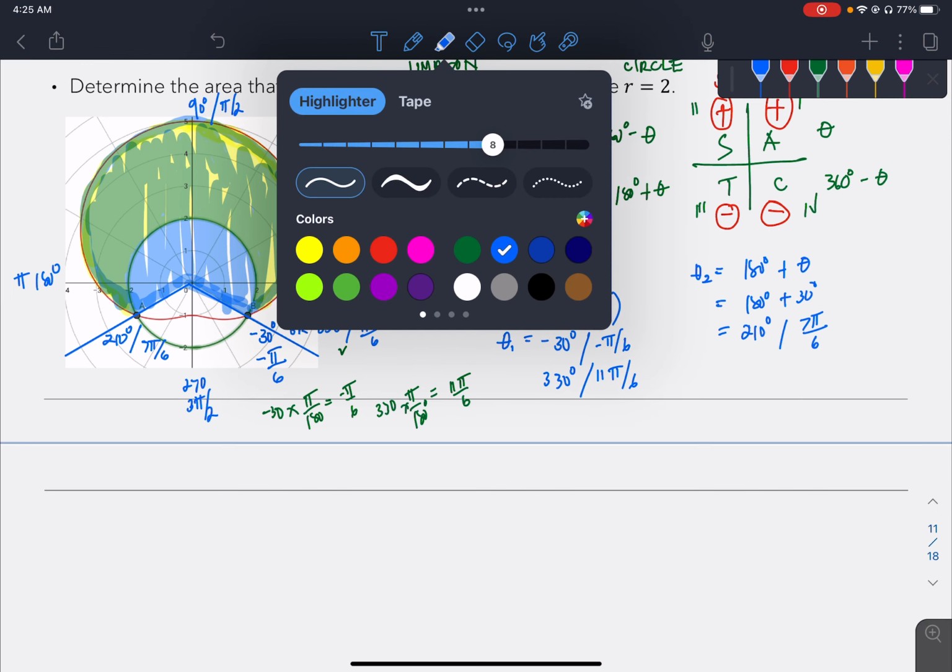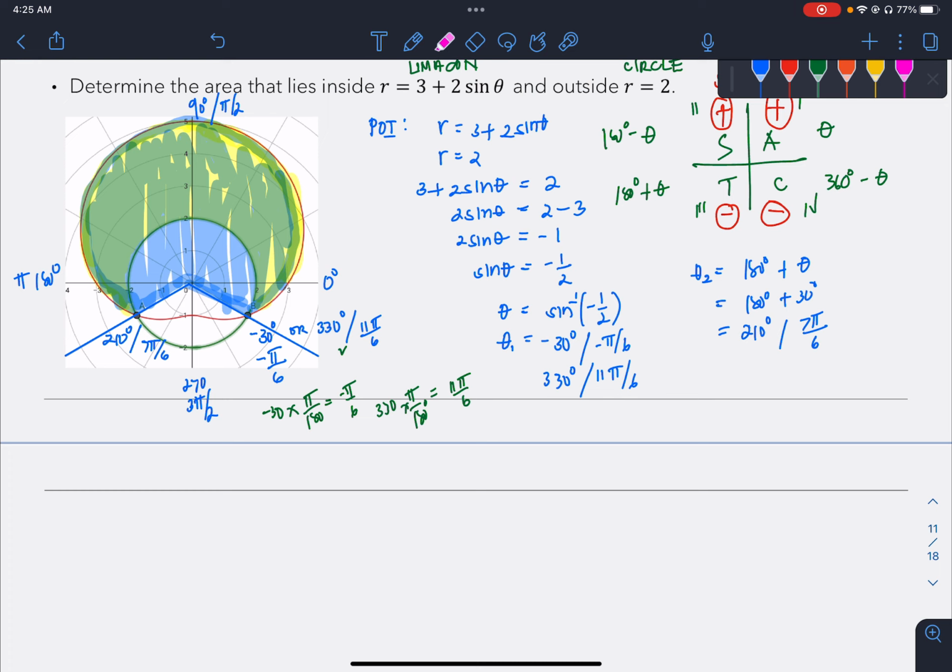So what will I remove? I can remove the area covered by the circle. In this case, I'll start again from negative 30 degrees up to 210 degrees.